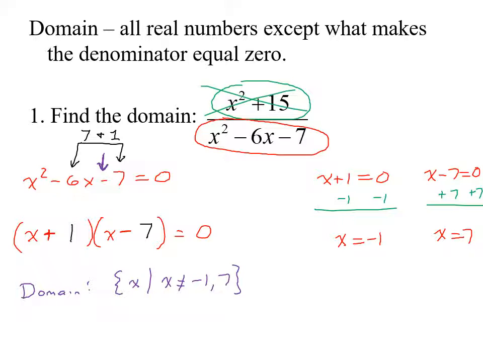Usually if they write it this way on the homework, all you're going to be doing is filling in a blank where the negative 1 and the 7 would go. That's your set notation. You could also do an interval notation. We don't really talk about interval notation here, but you will in the next course. It's a little bit more complicated, so I won't do that one.